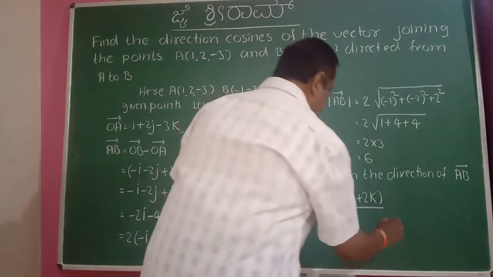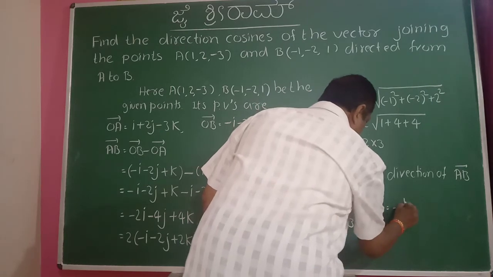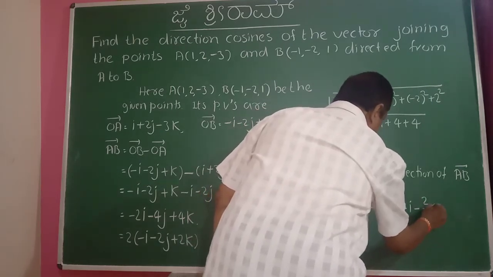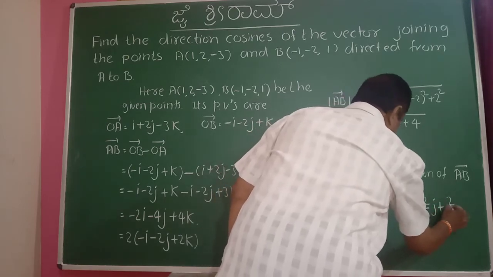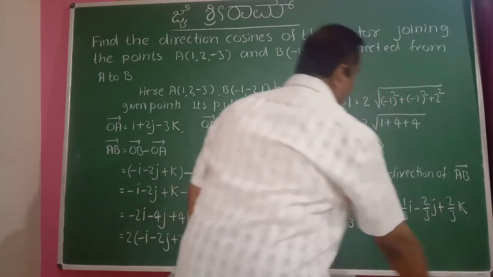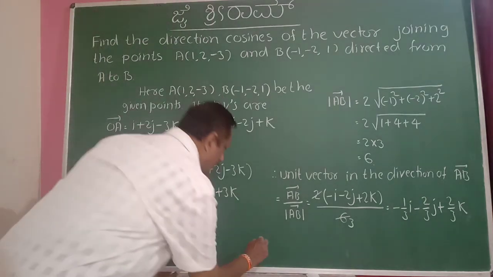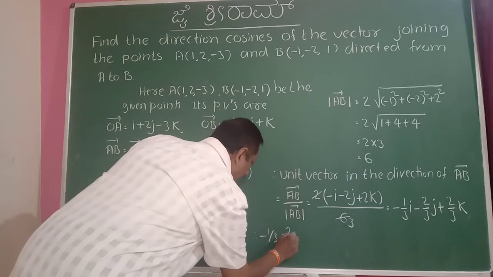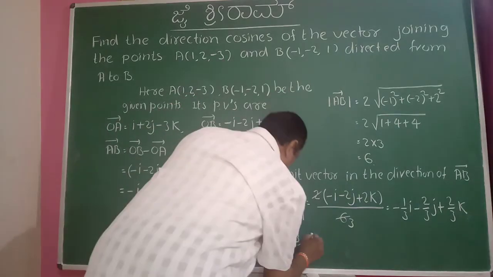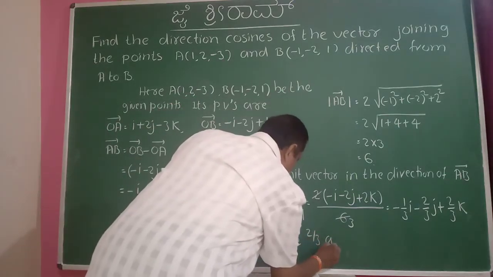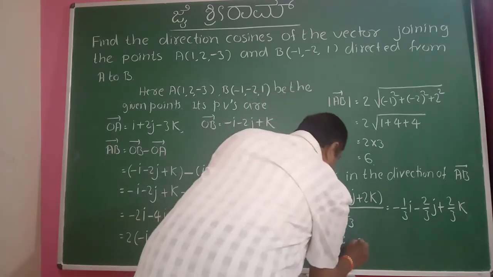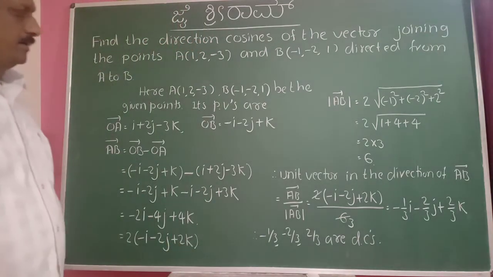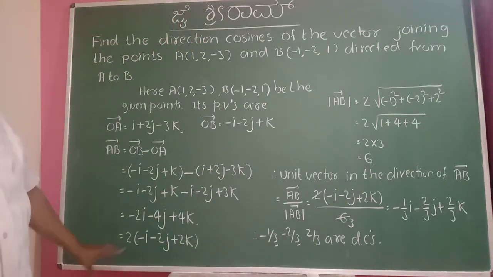So I can write this as minus 1 upon 3 i minus 2 upon 3 j plus 2 divided by 3 k. Therefore minus 1 upon 3, minus 2 divided by 3 and 2 divided by 3 are the required direction cosines. So this is the solution.